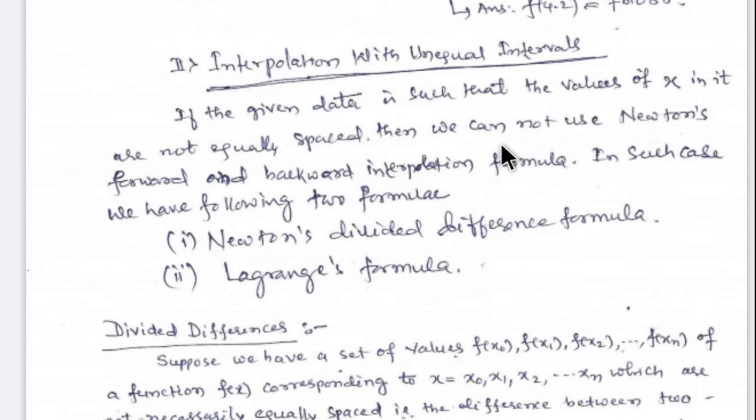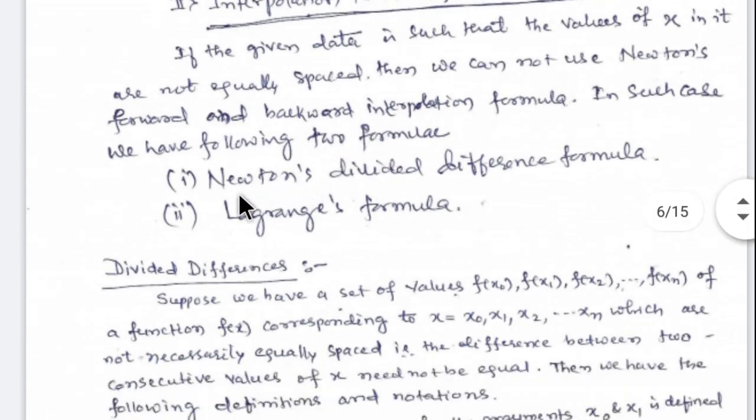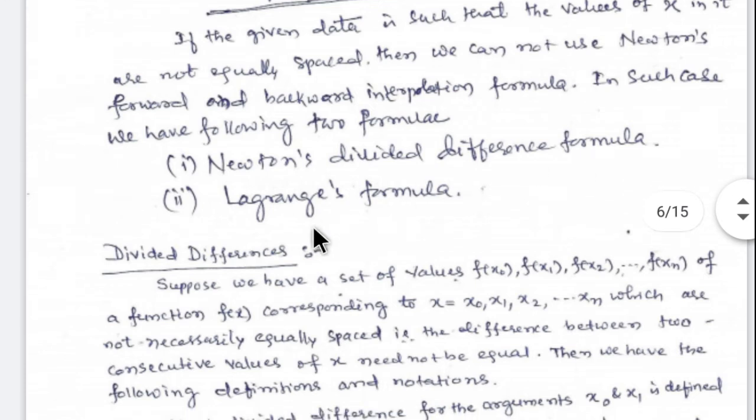Then we cannot use Newton's forward and backward interpolation formulas. In such a case, we have the following two formulae. First, Newton's divided difference formula. Second, Lagrange's interpolation formula.